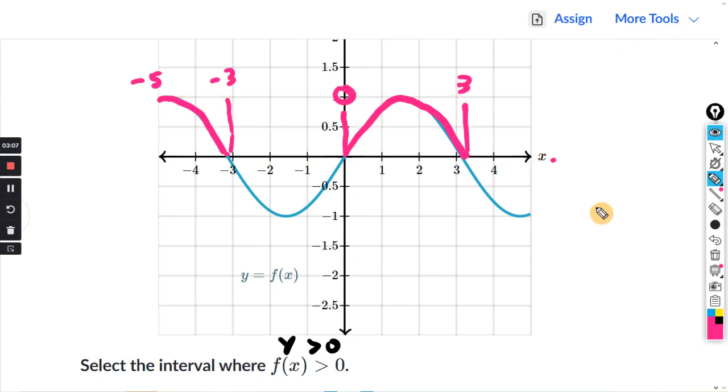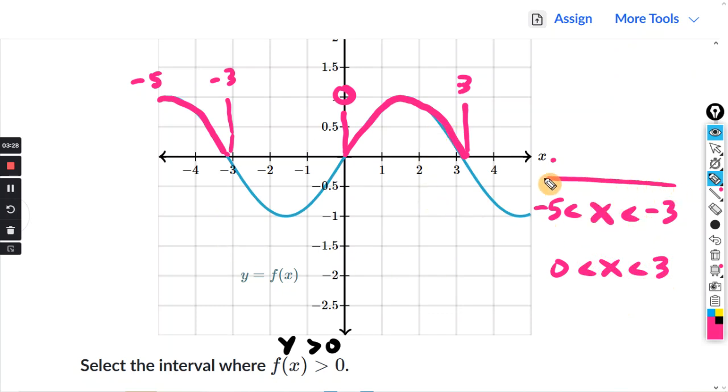Let me write that off to the side. X is between -5 and -3, and also 0 and 3. I don't think you have to worry about equal to. I don't think it's going to be that technical. So I would say any point that falls in this range of values right here.